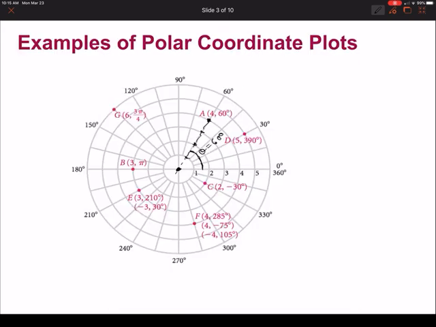Now, if we have a negative radius, let's take an example of another point. Let's take the example here of E. Point E I've located here by rotating 210 degrees. And let's show this one in a different color. So again, remember the polar axis.